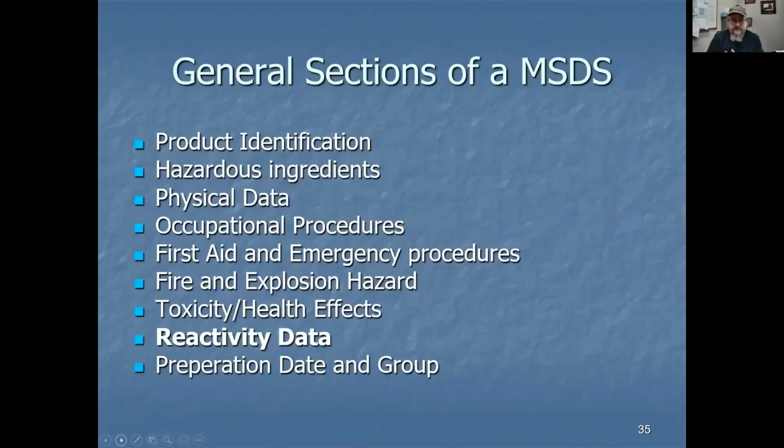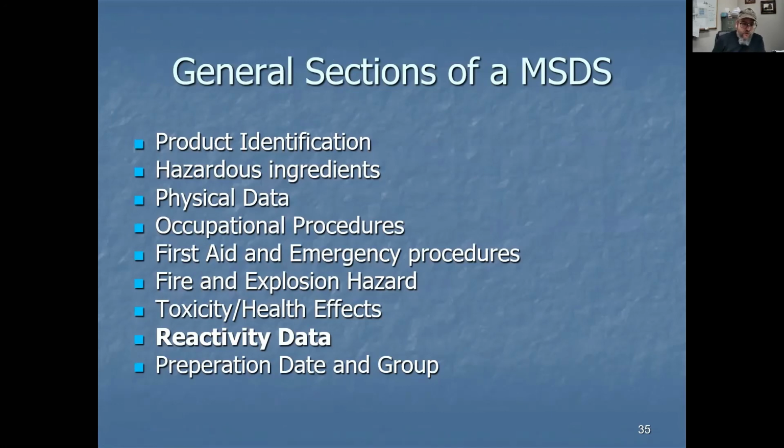So your general sections that you're going to see on a MSDS or SDS form: your product identification, hazardous ingredients, physical data, occupational procedures, first aid and emergency procedures, fire and explosion hazards, toxicity, health effects, reactivity data.